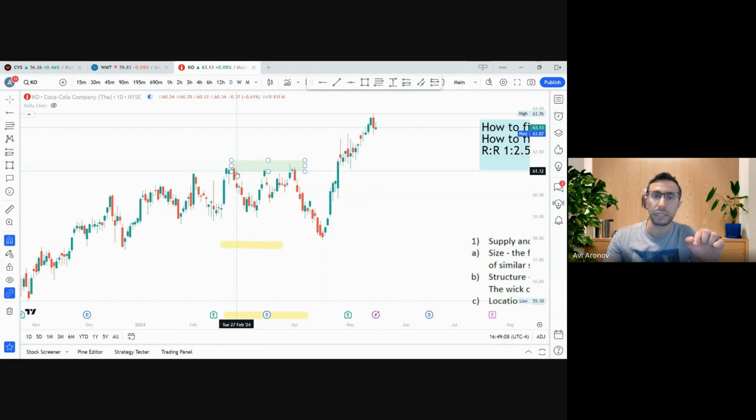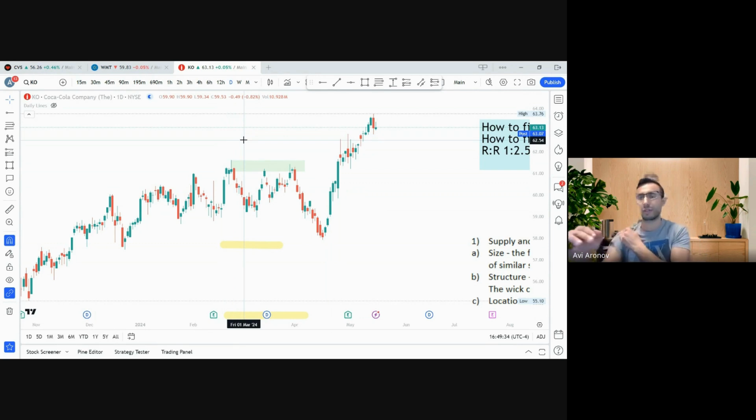This one was on the top, a 0.08% move, and this one was 0.80. So 0.08, 0.80. It's a big move in comparison, not as big as this one, but fairly big. And then we want to see continuation of the sell-off, continuation to the build of the structure. So we have those two things.